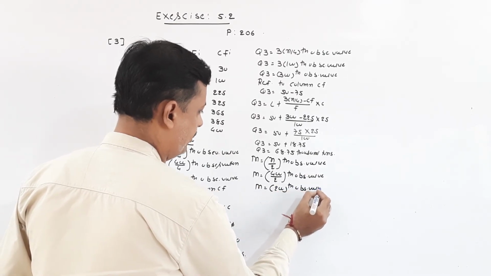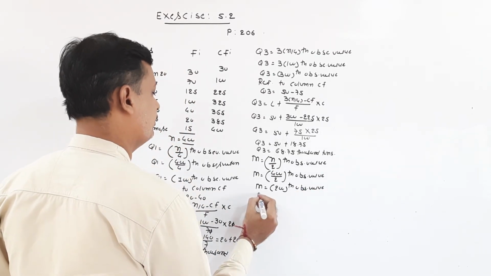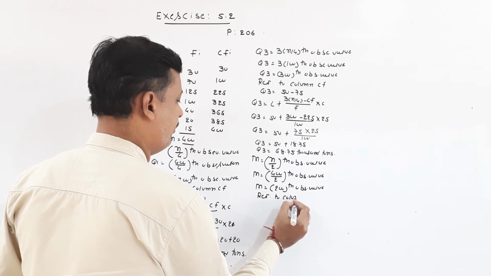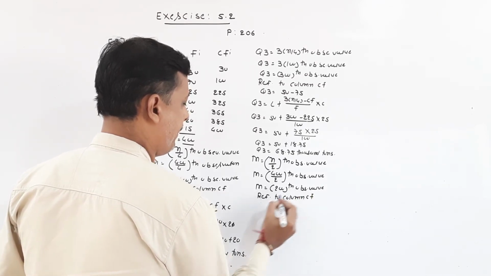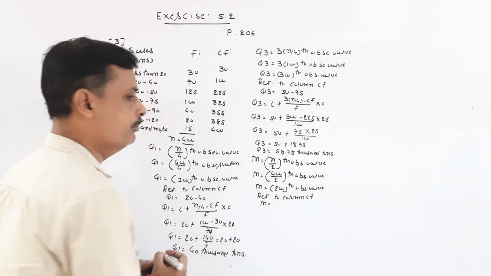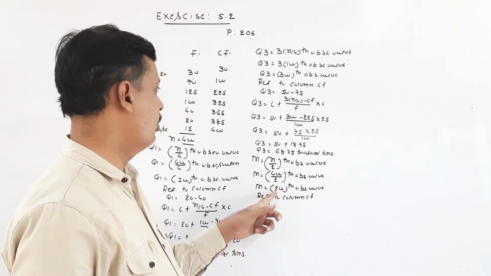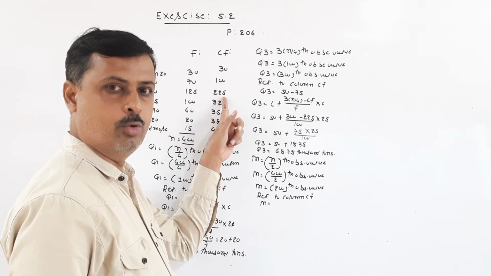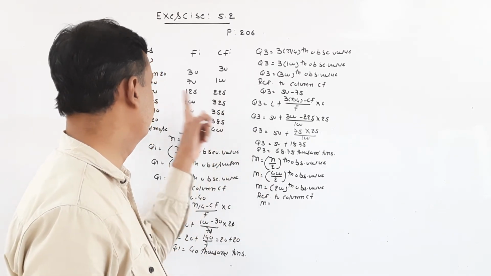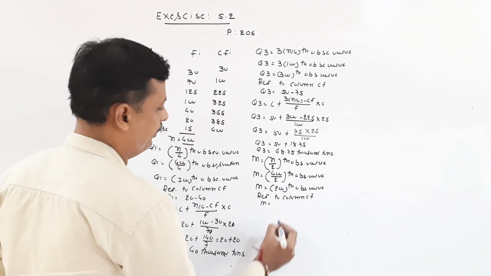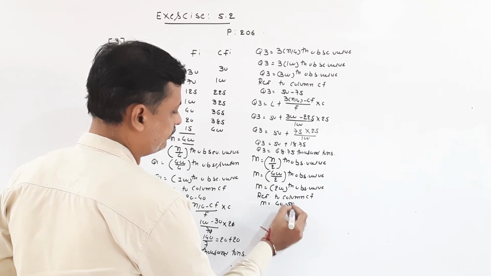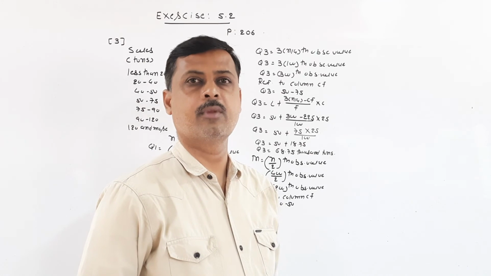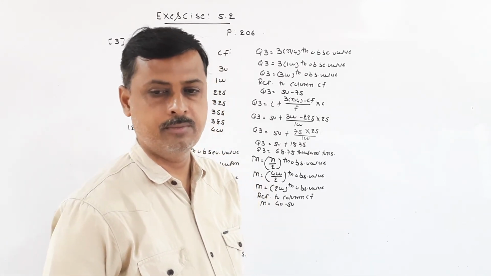So 200 observation value referring to column CF. So 200 in 30, 200 is not possible. 225 में 200 मिल जाएगा. So 40 to 50. And we have already exclusive classes given here.